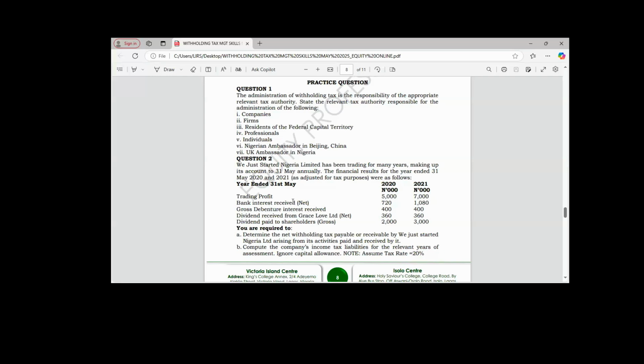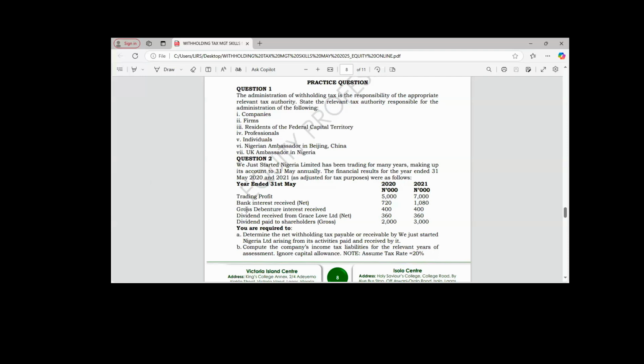Whatever form you are told, whether the dividend is given as gross, given as net, or the examiner is silent, withholding tax is always applicable on it. Whether it's given to you as net, they would have deducted the withholding tax. This is only applicable to dividend.